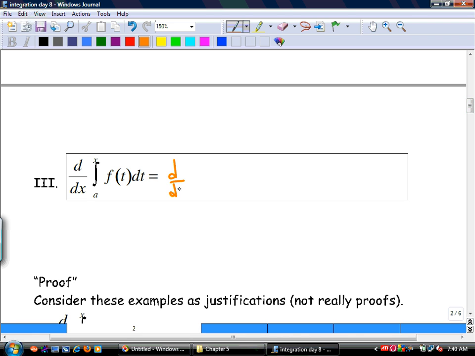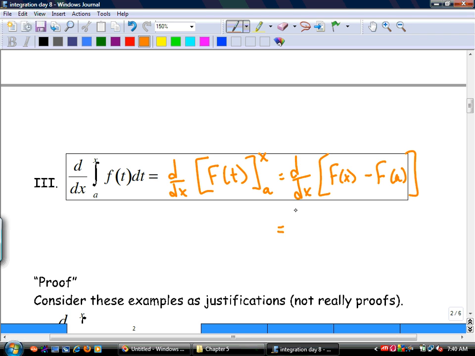d dx of the antiderivative of f of t from a to x equals the derivative of big F of x minus big F of a. And then you look at it and go, well, this is silly, but I'll write it down.